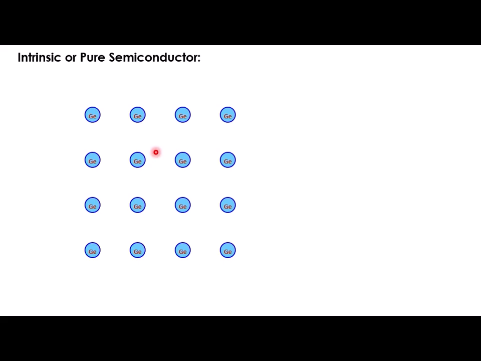Now, since the germanium atom has 4 valence electrons, each germanium atom will make a covalent bond with the nearby 4 germanium atoms to make a germanium crystal in the neutral form.